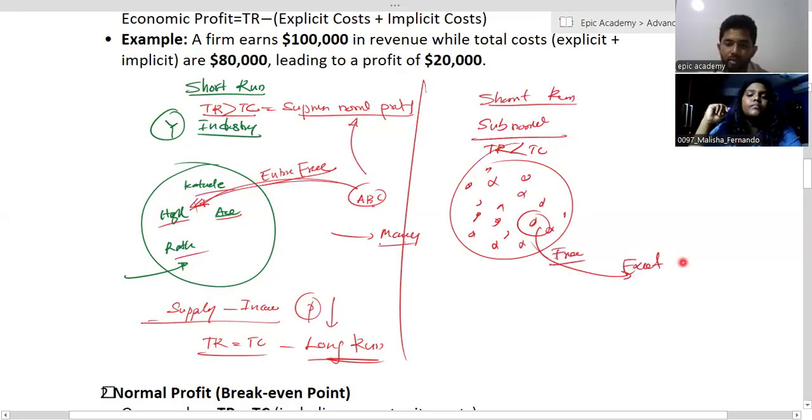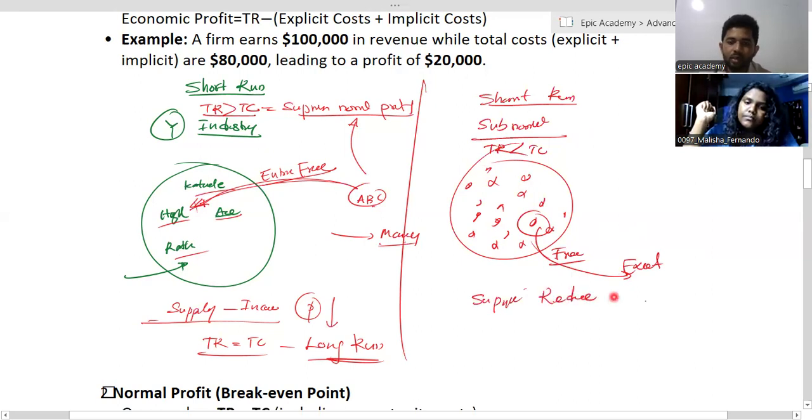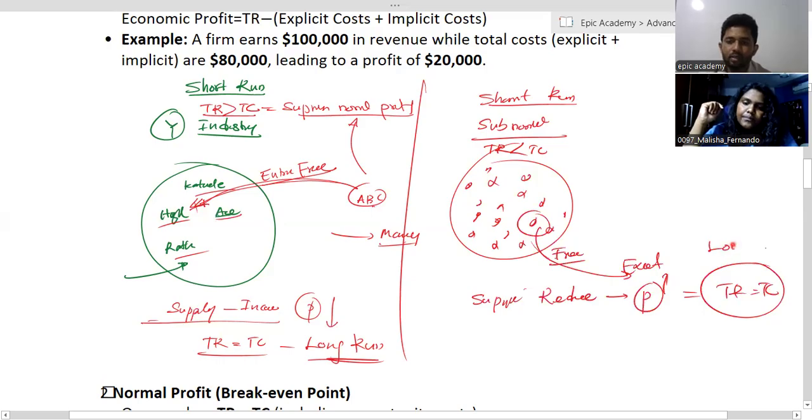So then what happens? Supply is reduced, then price can increase. They can earn TR equal to TC in the long run, again normal profit. That's what happens in agricultural production in India. In the short term they are getting profitability, but in the long run it is not so.